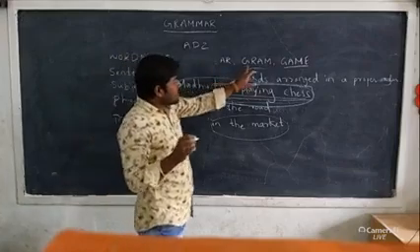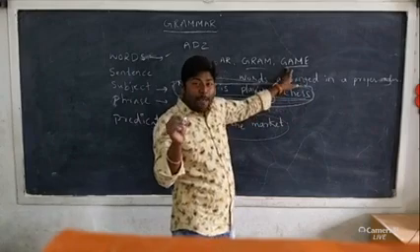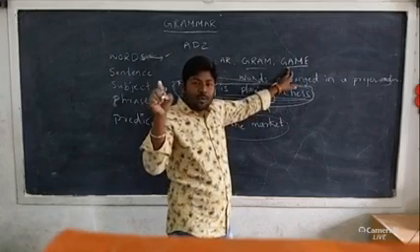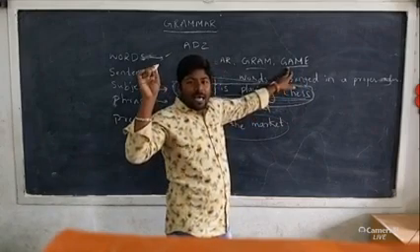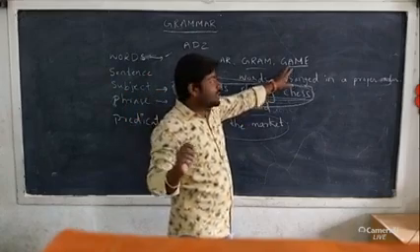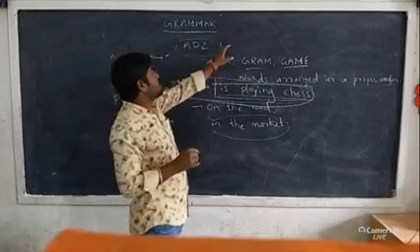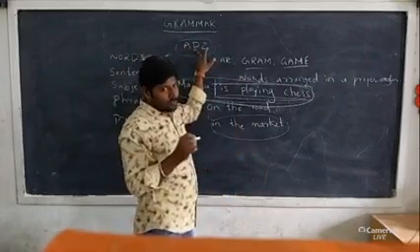A group of letters arranged in a meaningful order. If the group of letters has a meaning, then only it is called a word. For example, a group of letters with no meaning is not called a word.